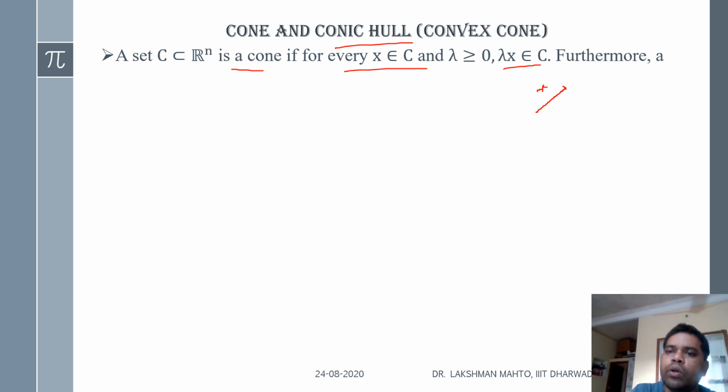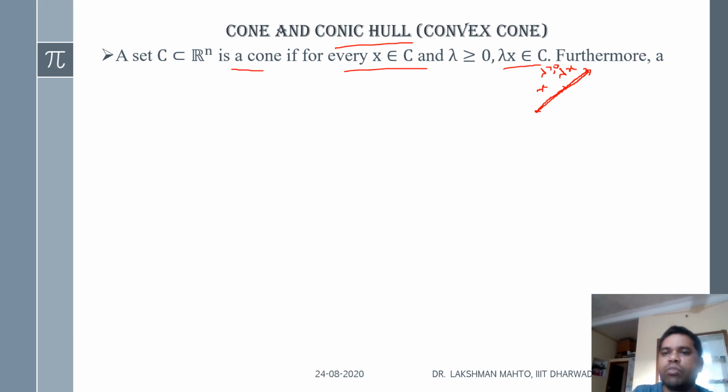That means suppose we take one vector x from C, and we take a non-negative multiple of it, that is, we multiply x with a non-negative number lambda. Here lambda is greater than or equal to 0. So in that perspective, for every vector x we get a ray.